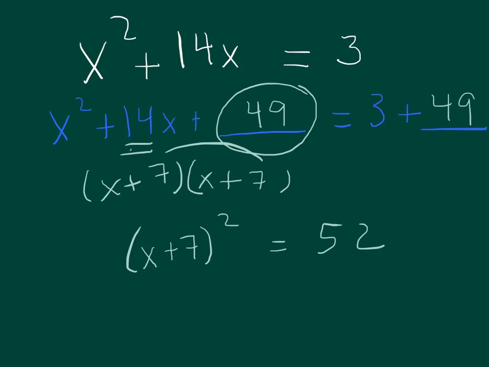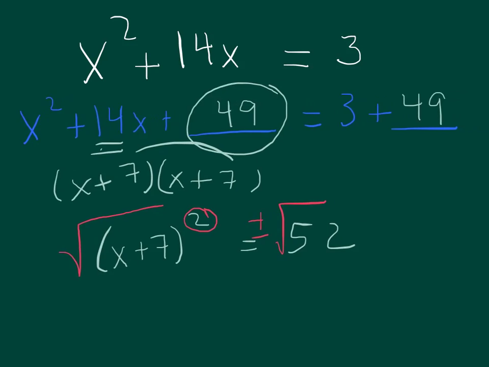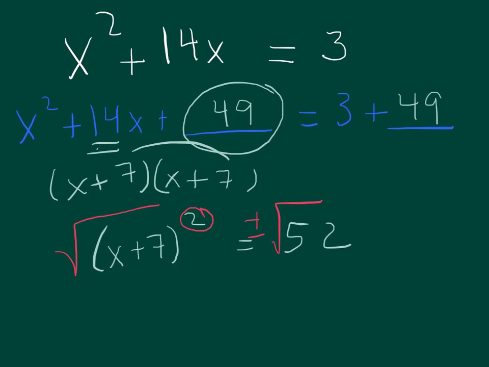Now, I want you to think about this. I want to square root both sides of my equation. That's going to allow me to undo this squaring. And just as an aside, this is what I could say if I had something like x squared equals 25. What I would want to do is square root, but just remember I'm putting that plus or minus there because the square root of 25 could be positive or negative 5, right?